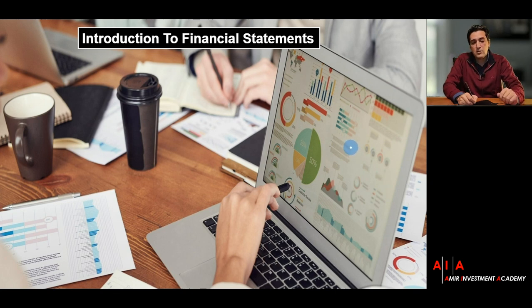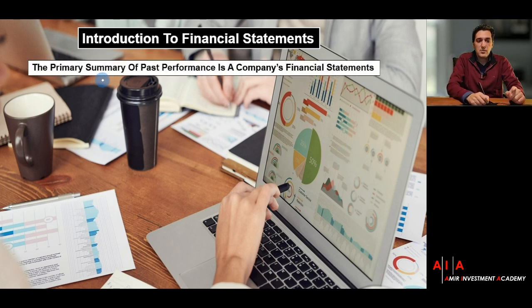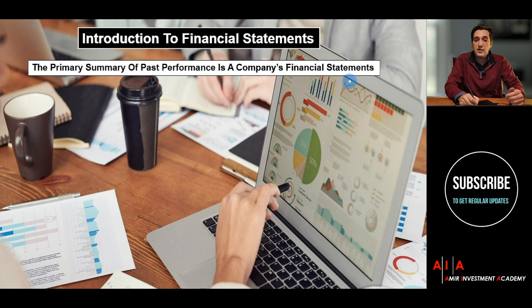So that will be the question, and one of the main ways of evaluating a company's performance is to look at its past. The primary summary of past performance is a company's financial statements. So you can answer all of your questions with the help of financial statements.